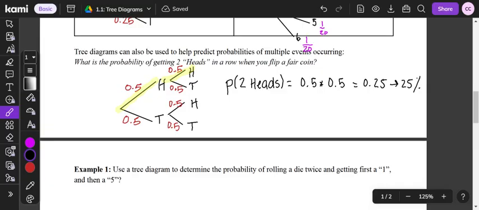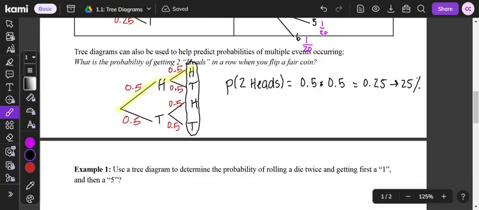Well, if you look right here, when you flip a coin two times, you have four possible branches that you could end up on. We have this branch, this branch, this one, and this one. And only one of those is highlighted. So in other words, I have a 1 out of 4, or a 25% chance that I flip two heads in a row.